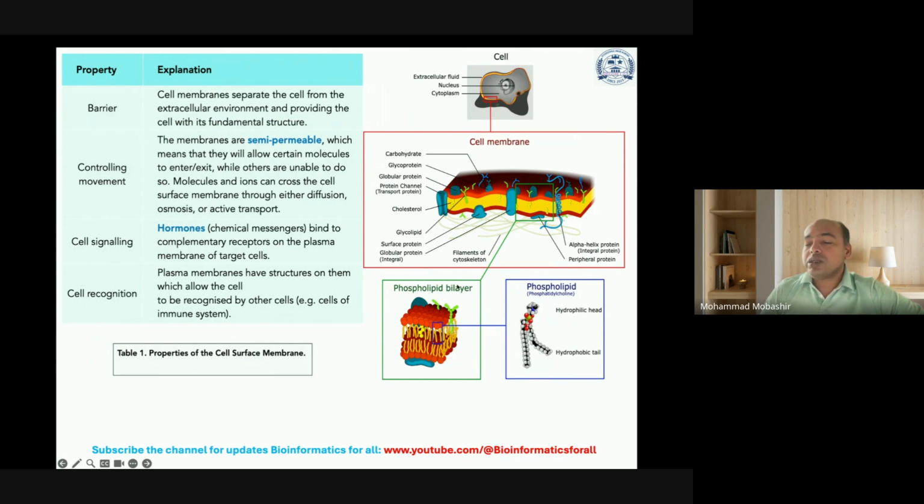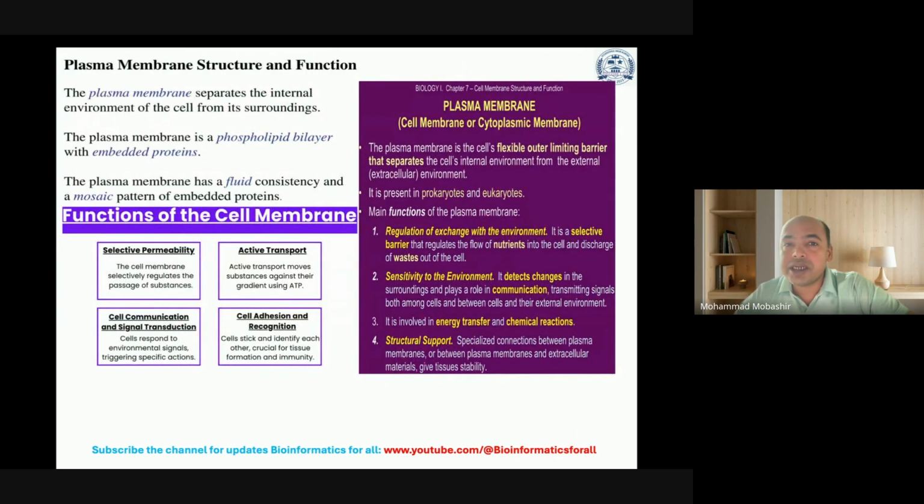There are different types of phospholipids, one of them being the DPPC lipid bilayer.